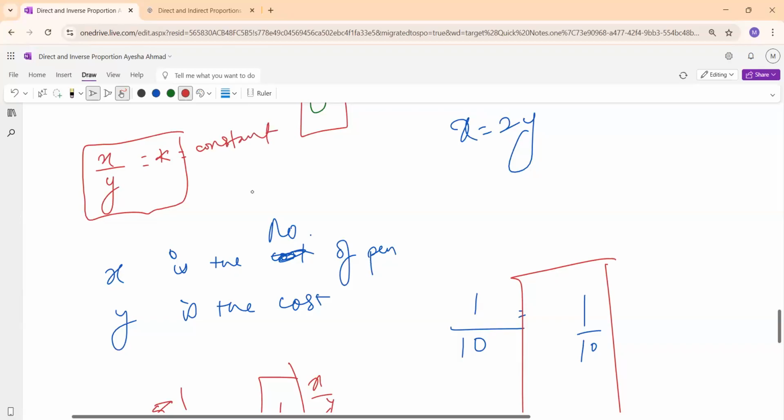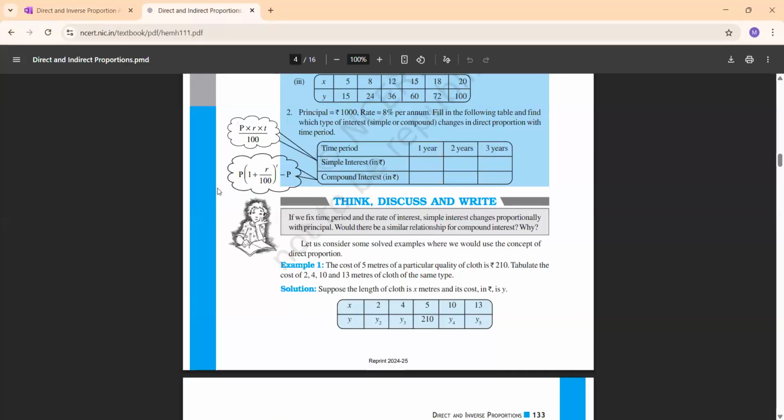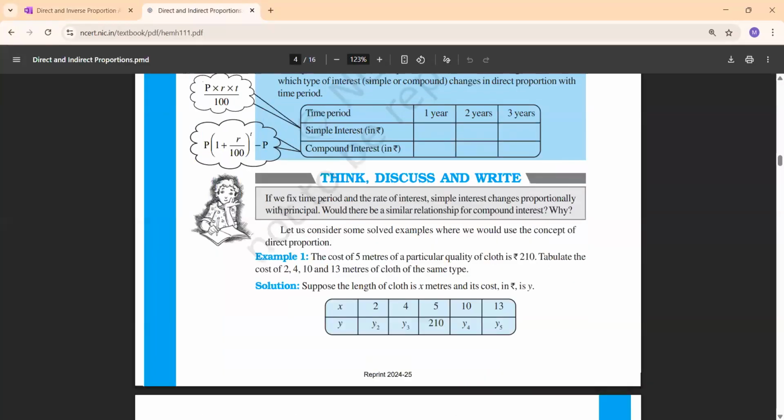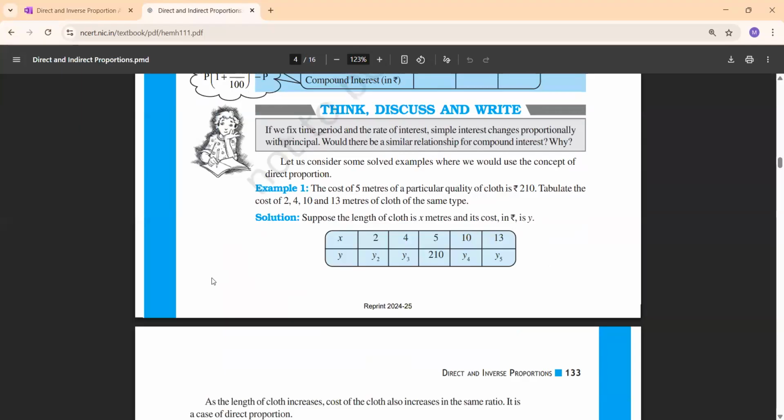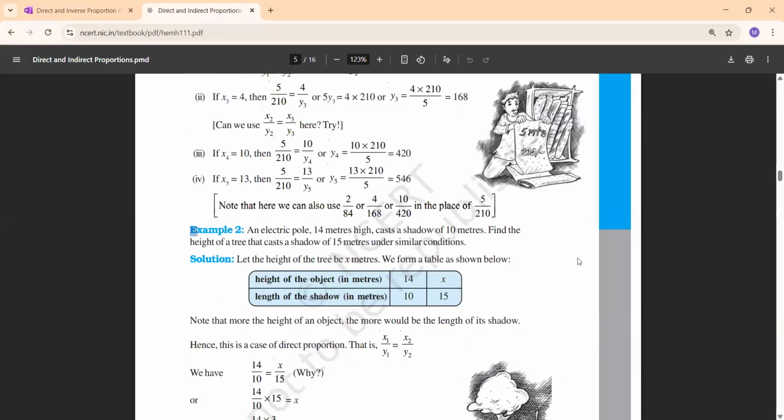Is this clear, Aisha? Yes, sir, it's clear. Okay. Now you'll totally understand this and we'll do a question. Let's do example number 2 first. Example number 1 I'll tell you later.